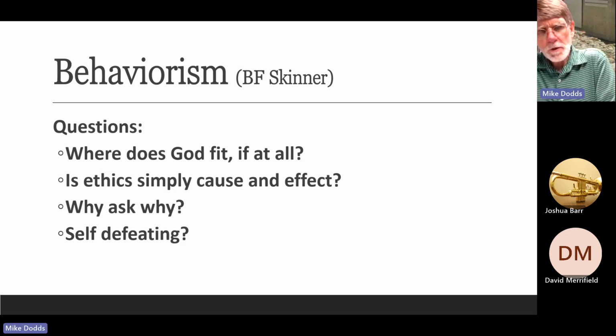Now, we talk in our culture now of equity and equality. Behaviorism is behind equity, that push right now. If I set the right circumstances, I'll get the right outcome, is what they're saying. Our words imply choices: pro-choice, pro-life.